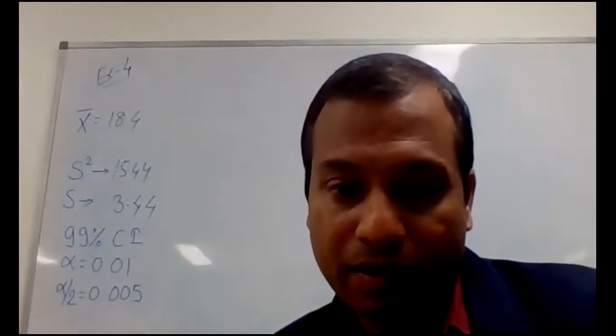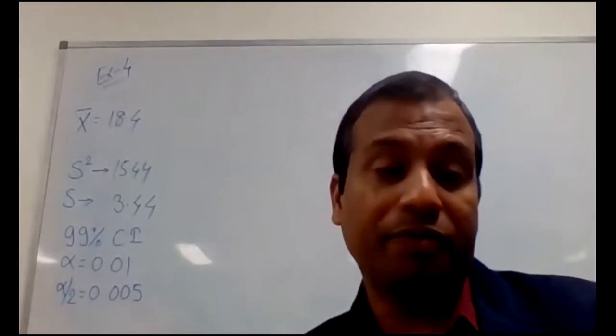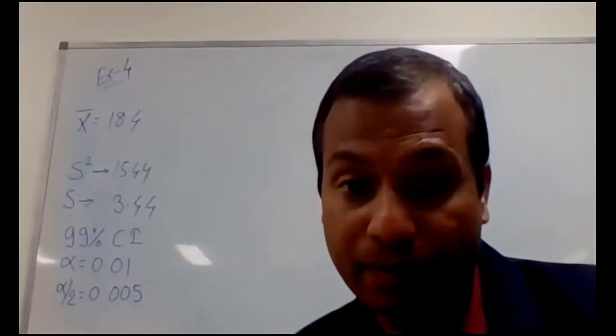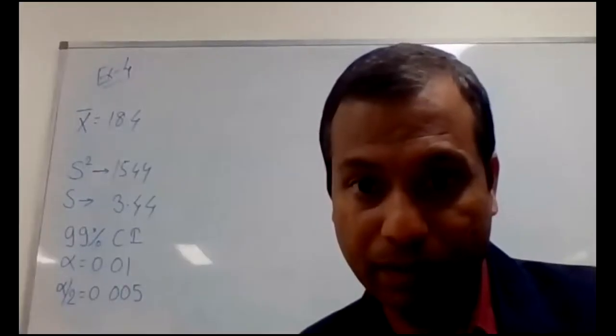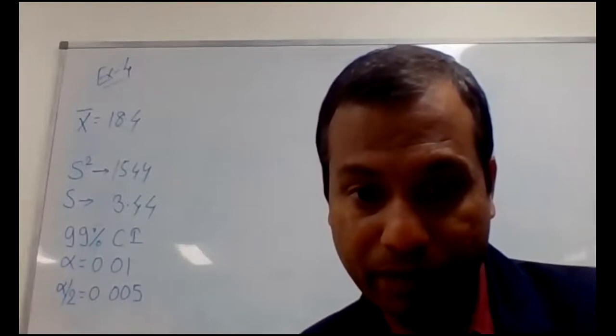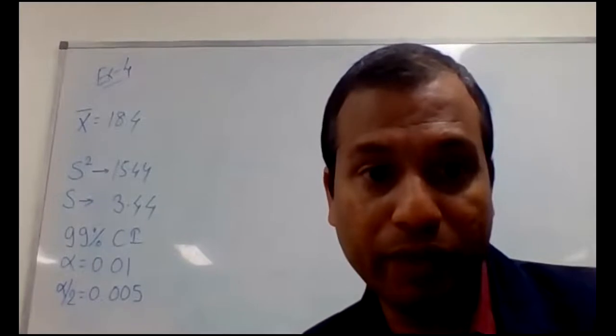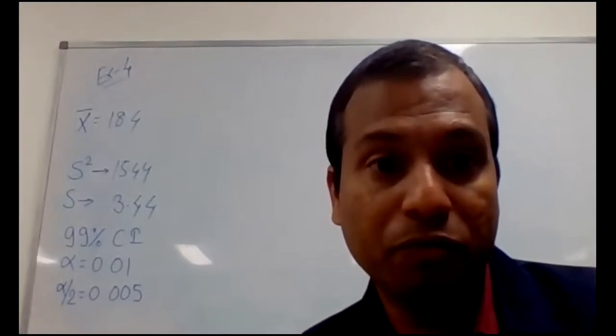So let's go through a quick recap. This is clearly the case of confidence interval estimate for the mean. In week 9, we covered this during the first 2 hours.